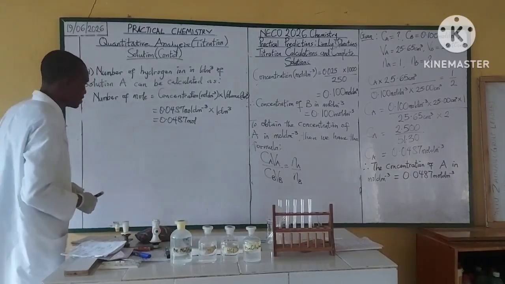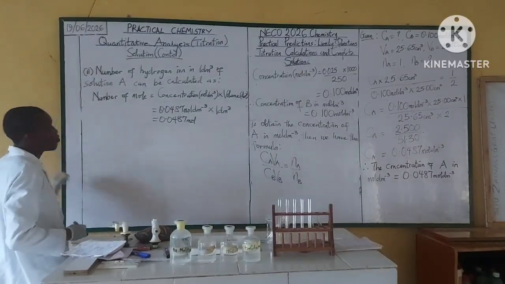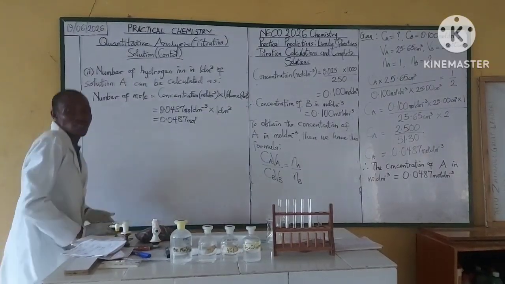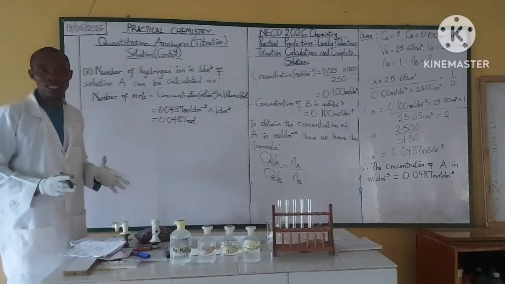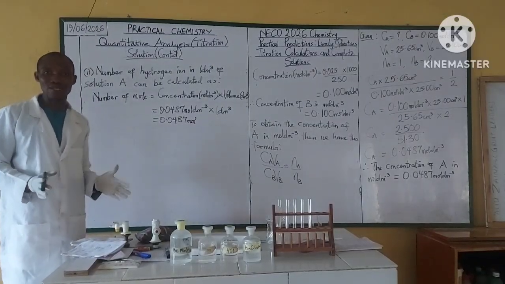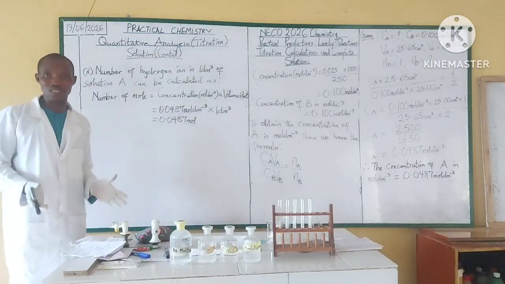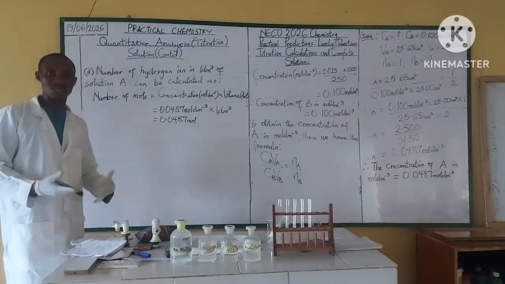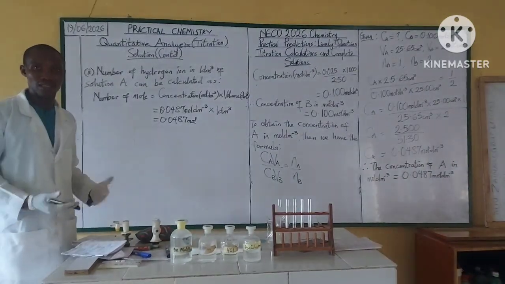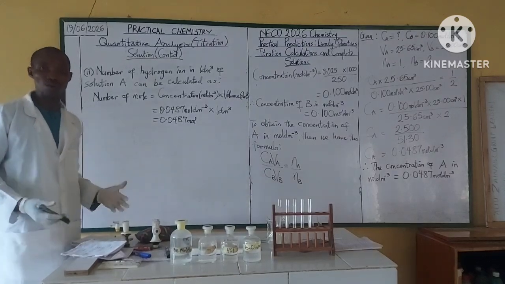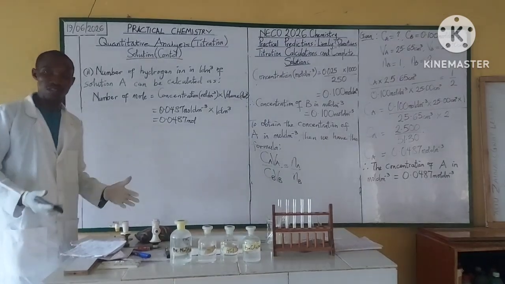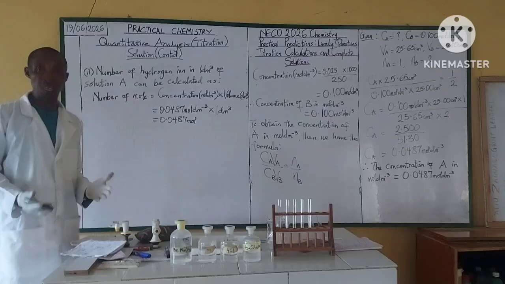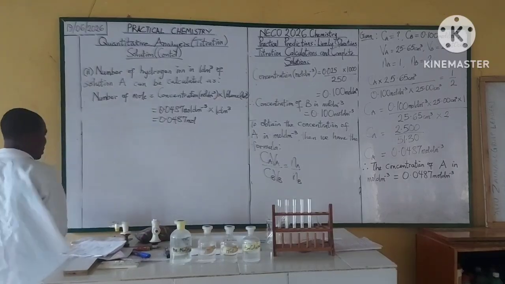Okay, we know that we are dealing with an acid which is dibasic in nature, that is H2SO4. H2SO4 can easily get dissociated in water and give us 2 moles of hydrogen ion with tetraoxosulfate VI ion.